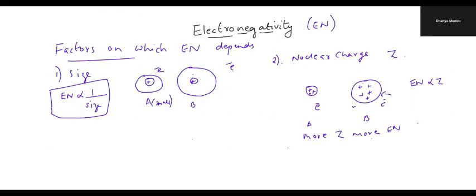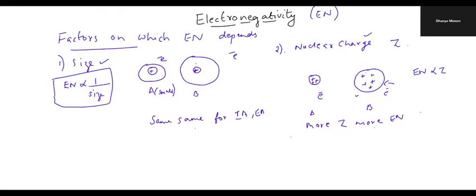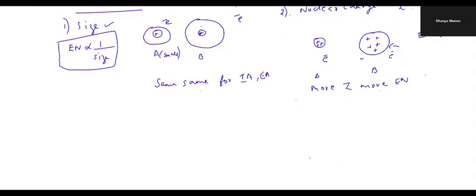So the same rule applies for ionization energy and electron affinity, for size and nuclear charge. That's what we learned. So this is the direct proportion for charge.